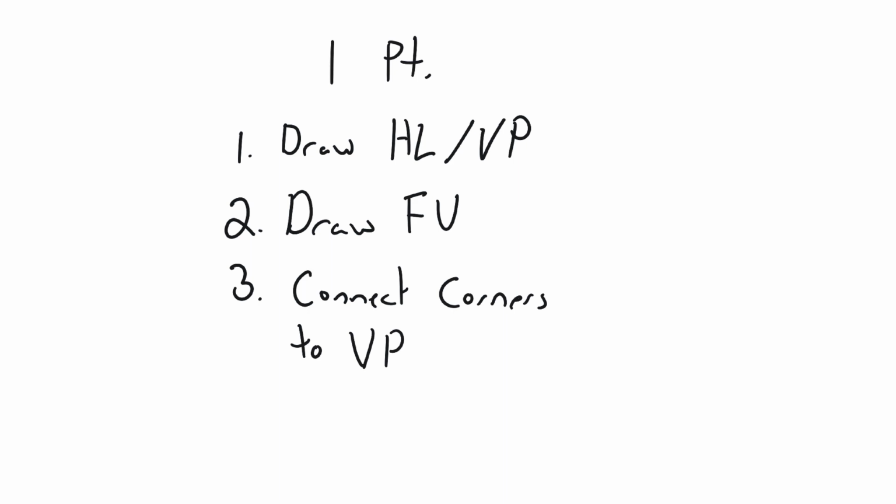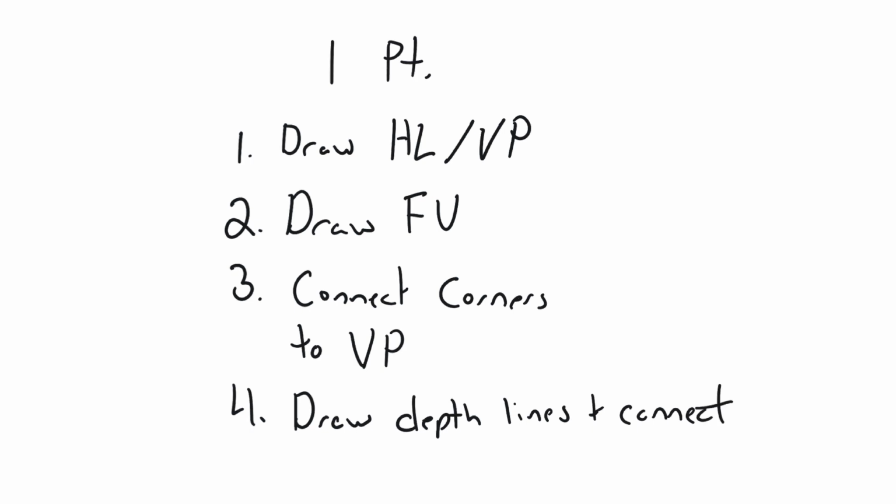And then finally, our fourth and final thing is that we're going to draw our depth lines and connect them. Now with these 4 steps, you can really solve any 1 point perspective in the engineering sense, but we also have one more other thing that we need to talk about here.